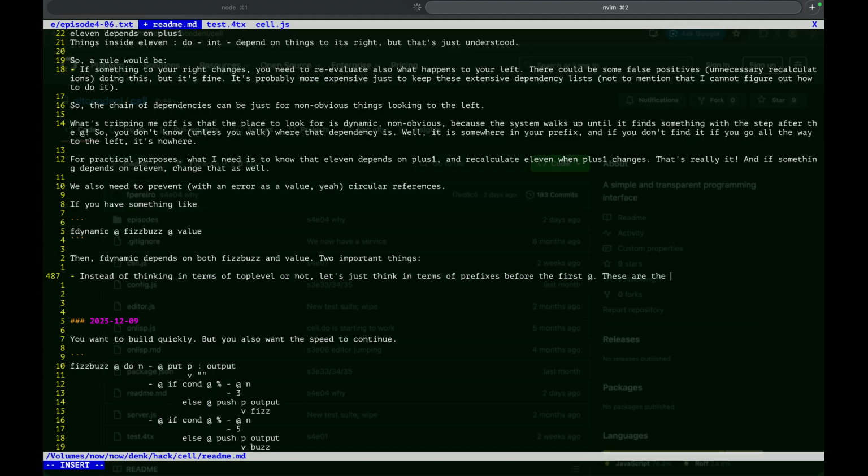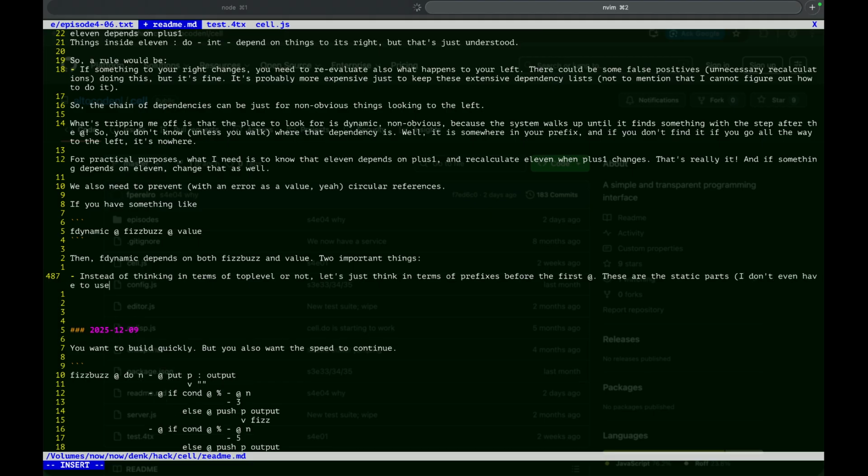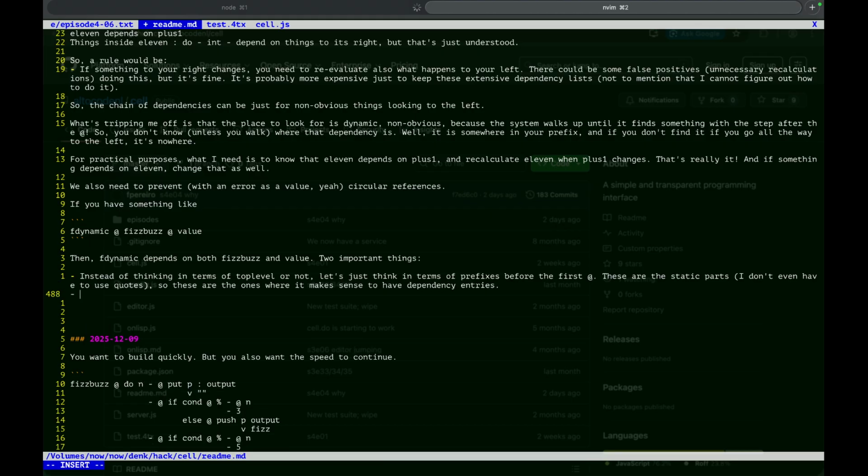These are the static parts. I don't even have to use quotes. Yeah, so these are the ones where it makes sense to have dependency entries.